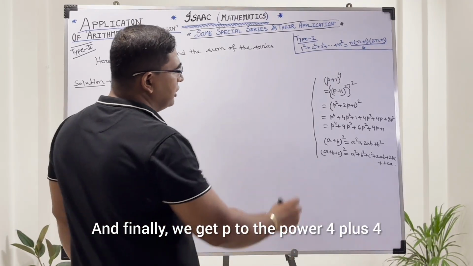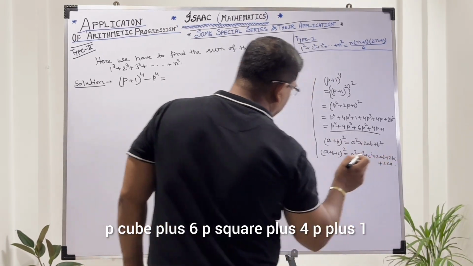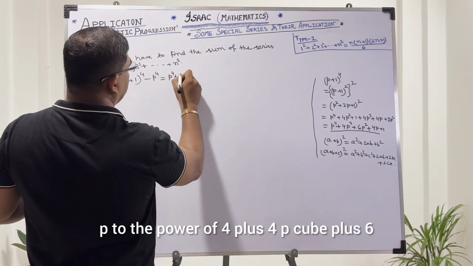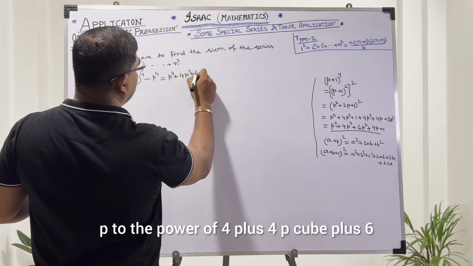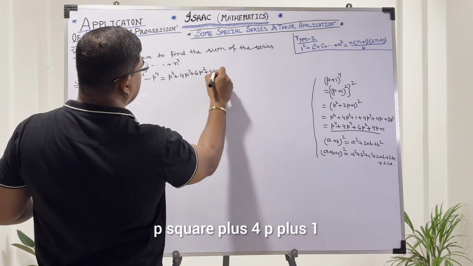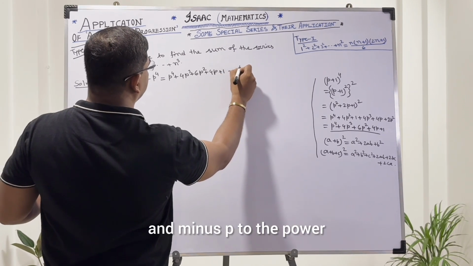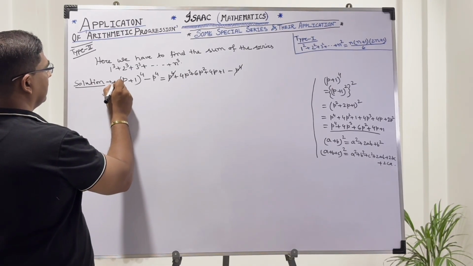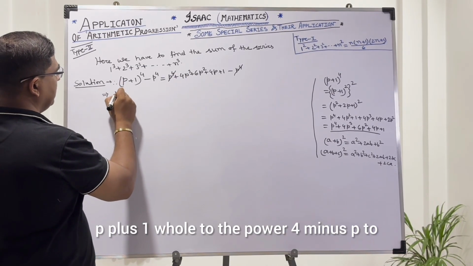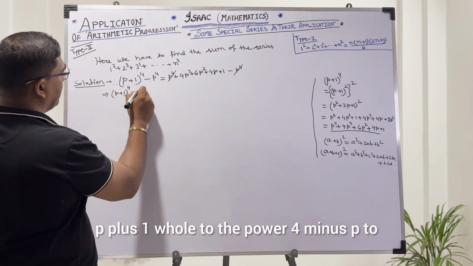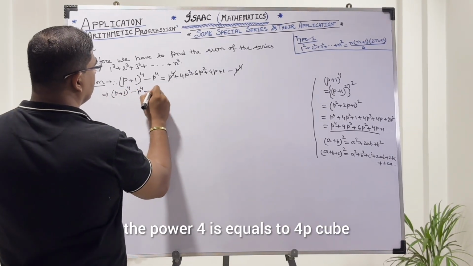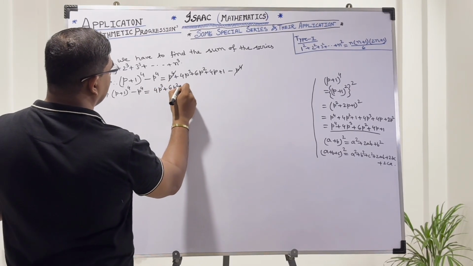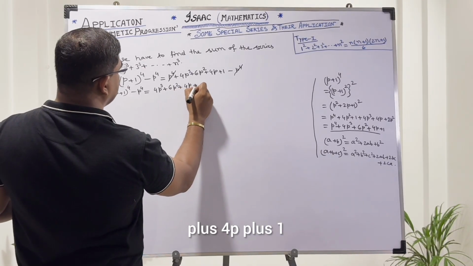And finally, we get p^4 + 4p^3 + 6p^2 + 4p + 1, minus p^4. Cancelling p^4, we will get (p+1)^4 − p^4 = 4p^3 + 6p^2 + 4p + 1.